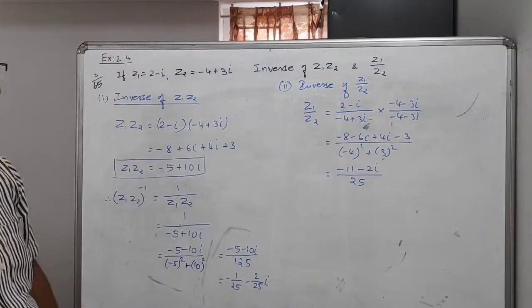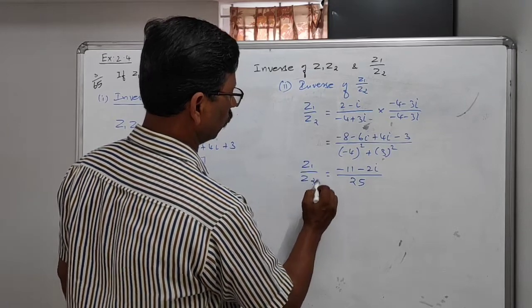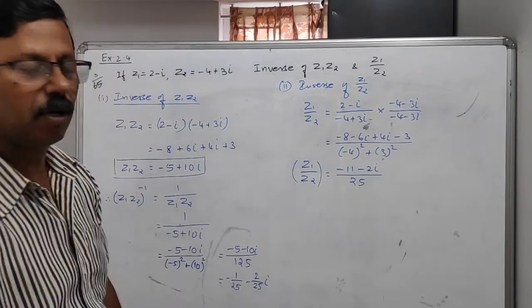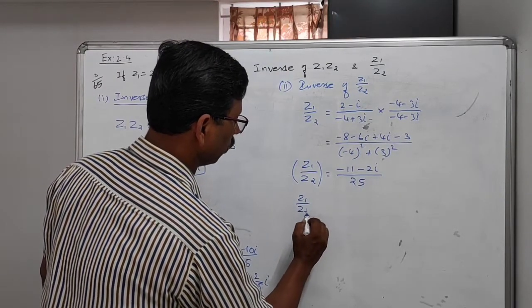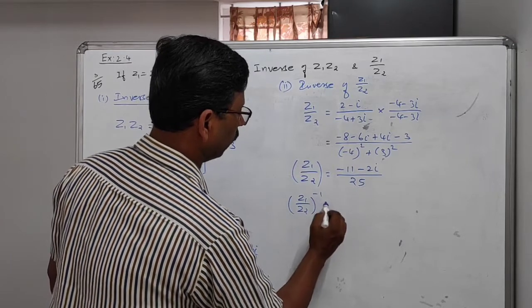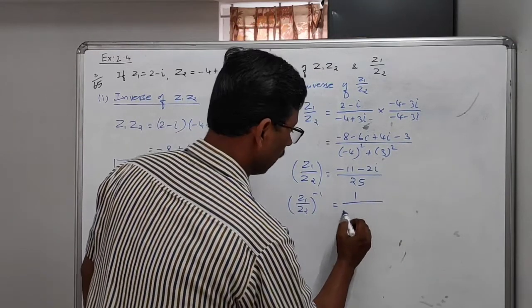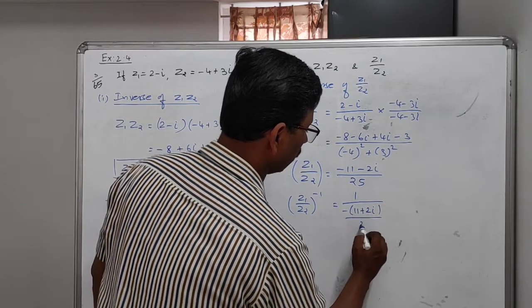This is z1 by z2. Now for this we need to take the inverse. Therefore the inverse of z1 by z2 is equal to 1 by this one, minus of 11 plus 2i by 25.